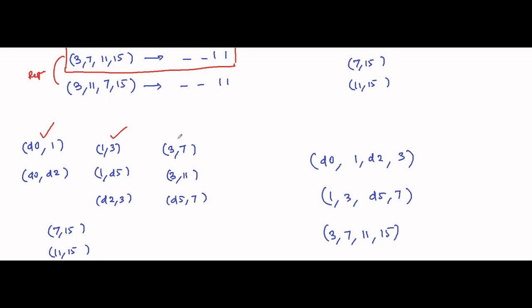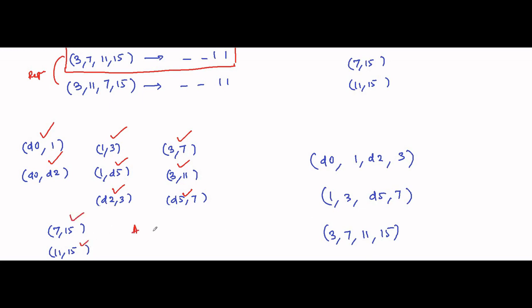3, 7 is present in this, D0, D2, well they are not required because they are don't care, but still D0, D2 is present, 1, D5 present, 3, 11 present, 3, 7, 11, 15, D2, 3 present here, D5, 7 present here, 7, 15 present here, 11, 15 present here.